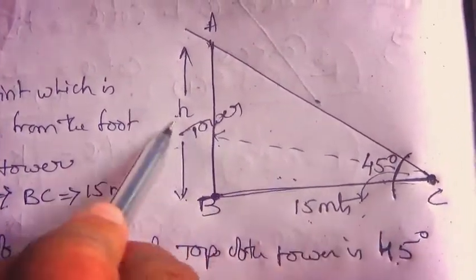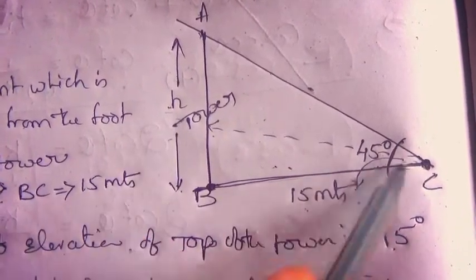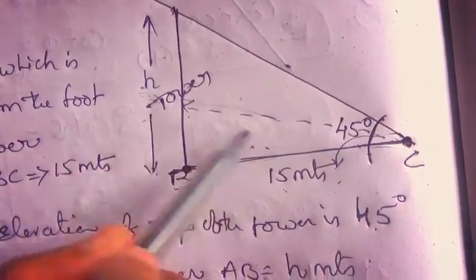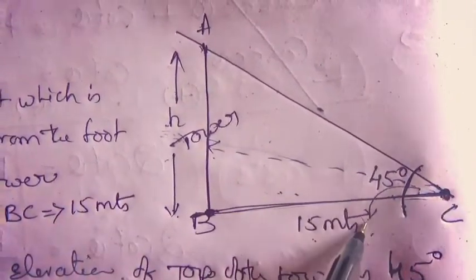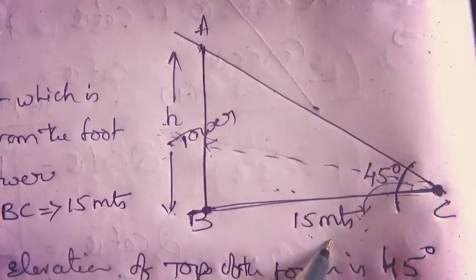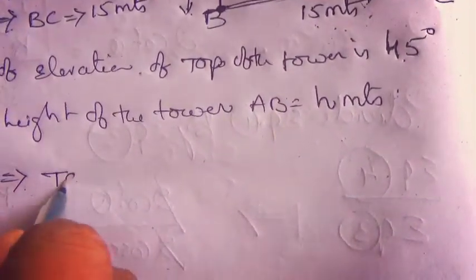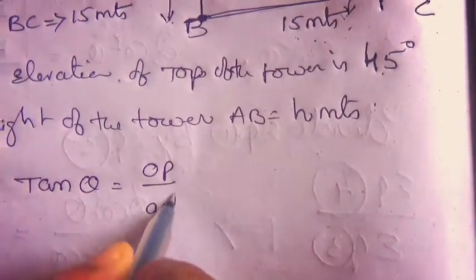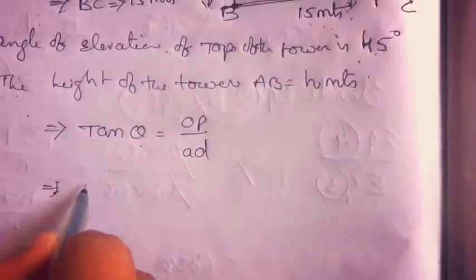So tan theta is suitable to find H, because the ratio of the opposite side and the adjacent side is nothing but tan theta. That's why I am choosing tan theta equal to opposite side by adjacent side. What is theta? That is the angle of elevation, 45 degrees.